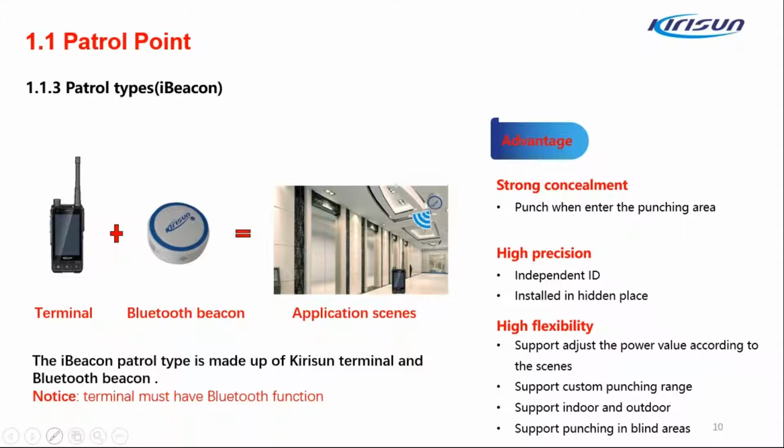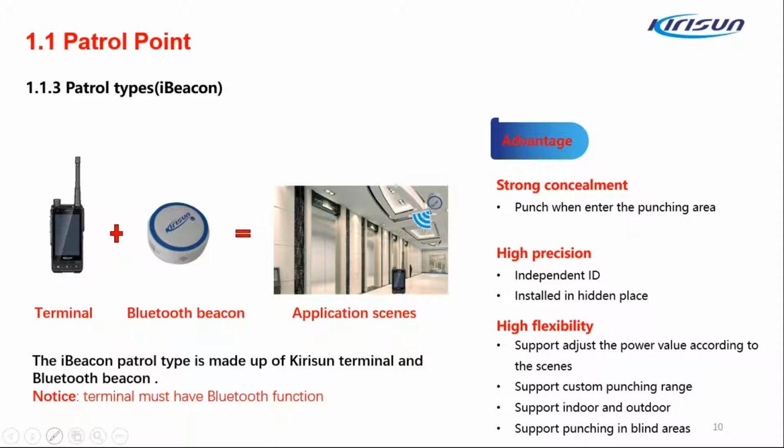The second advantage is high precision. Each IBCON has an independent ID and will be installed in a hidden place. It can ensure the accuracy of punch data, protect the MAC address, and it is hard to fake the punch data.